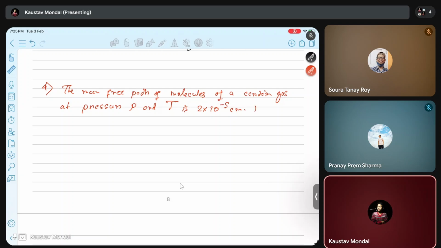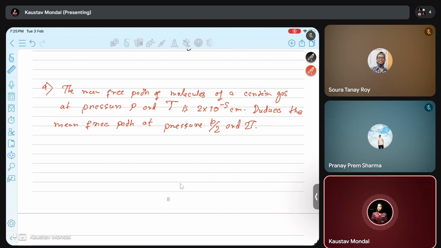You are asked to deduce the mean free path at pressure P by 2 and temperature 2T. So they reduce the pressure of the gas by half and increase the temperature to twice.